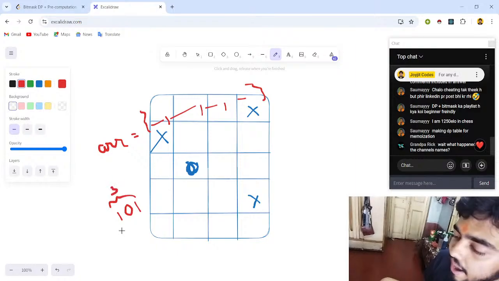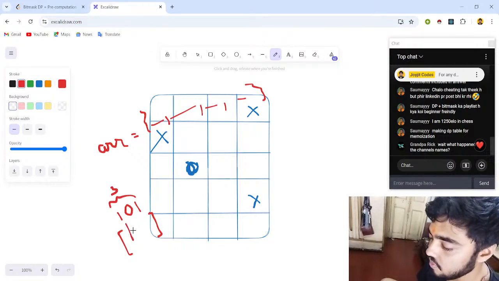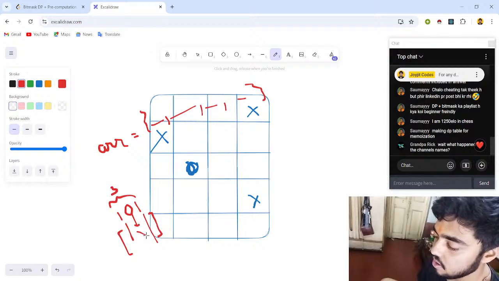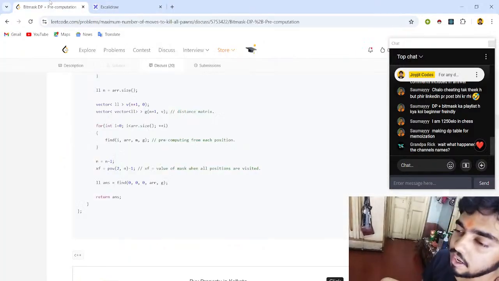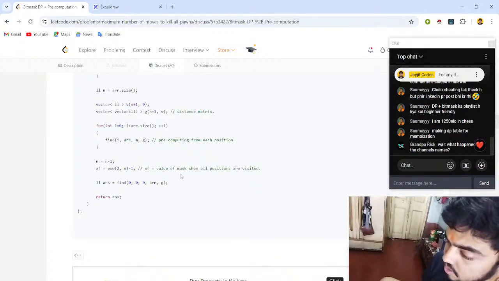Now if we have an array, you can consider a few elements and exclude a few elements. This means I'm going to consider the first element and the last element, and I am not going to consider the middle element. So this is what bit masking is, in case you don't know about it. That is what he has done.